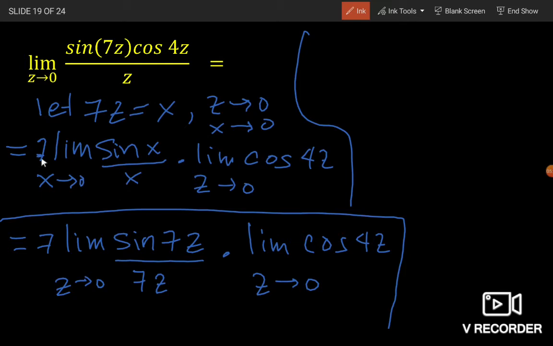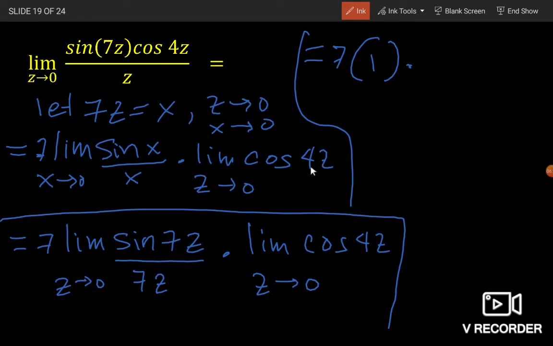So this is equal to 7 multiplied by the limit of sine x over x as x approaches 0, which is 1, multiplied by the limit of cosine 4z as z approaches 0.